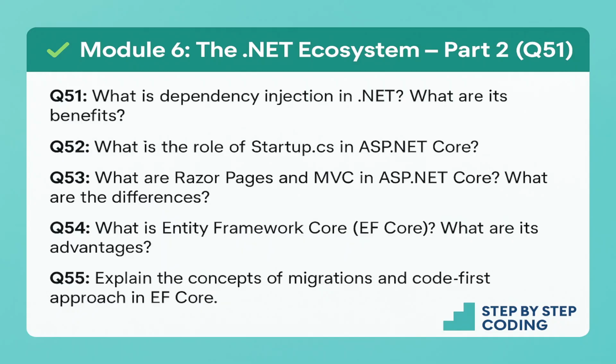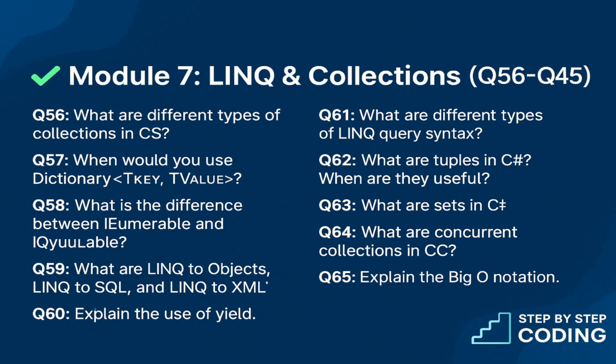We all know that data is king. So we are going to cover LINQ and collections, and help you master C# collections and become fluent in LINQ for efficient data handling.